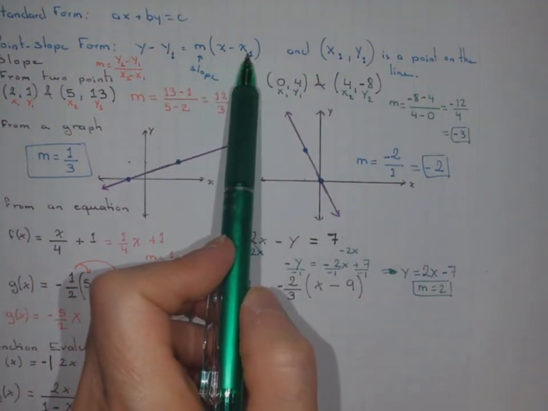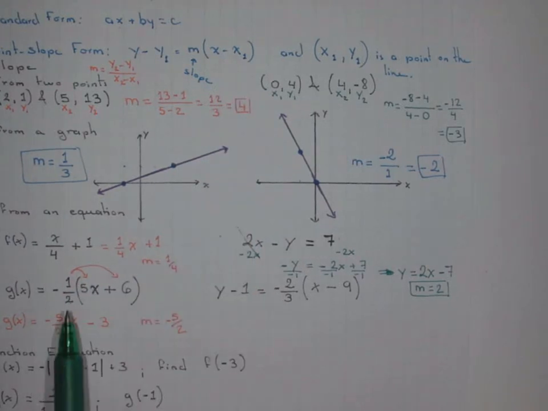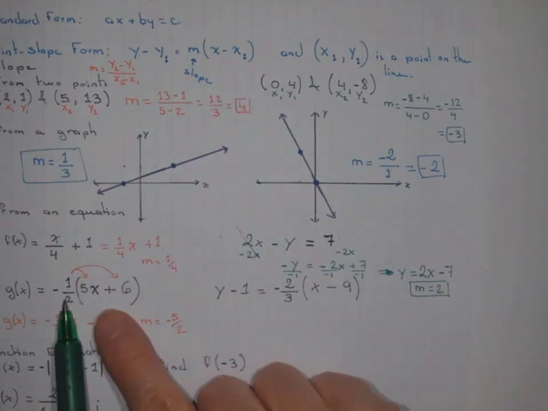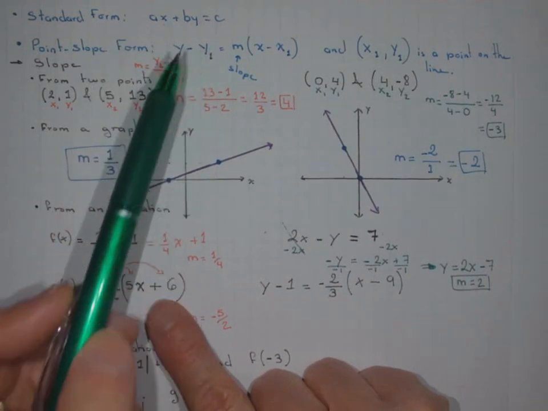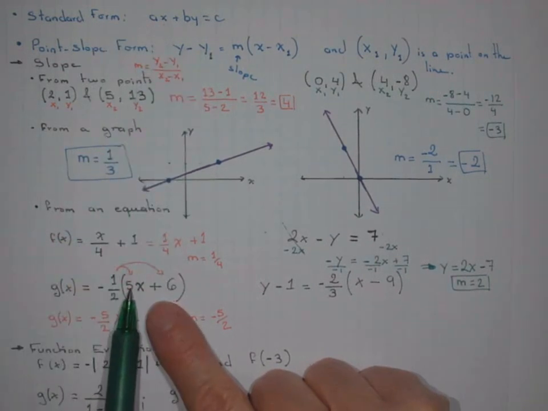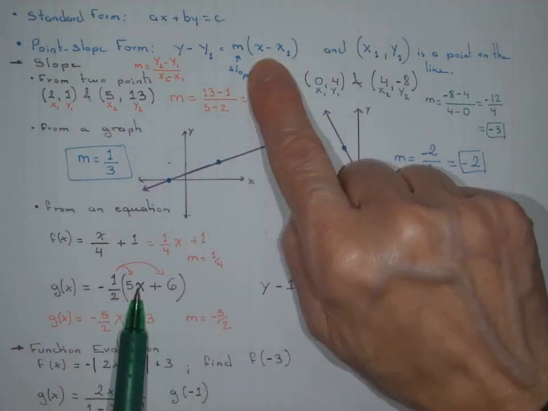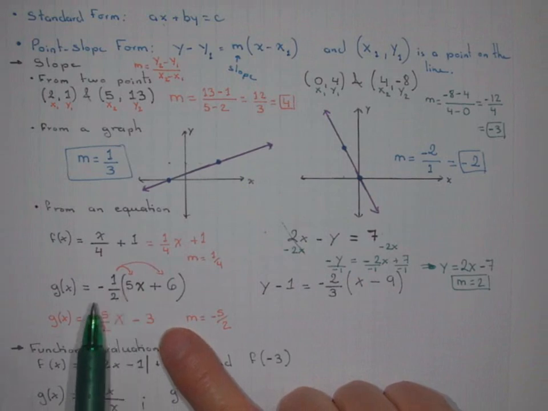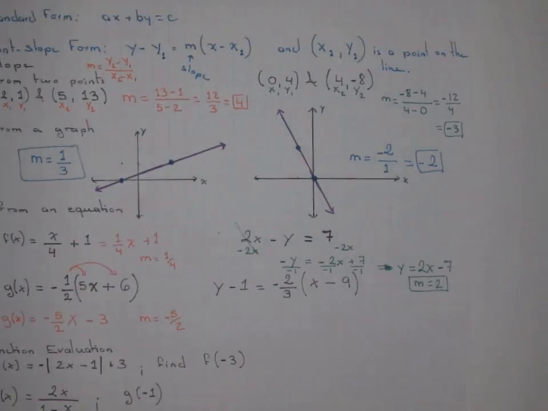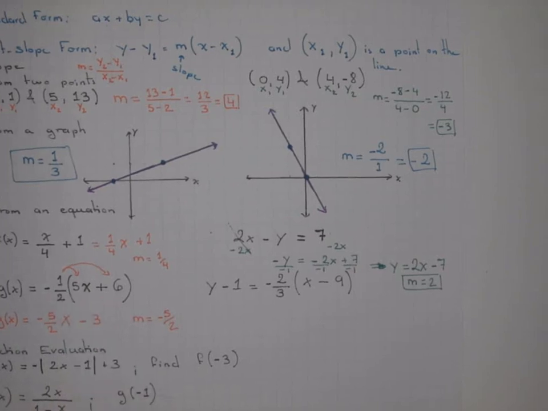So you're going to say, well, why was this not earlier in point slope form? Because this y could just have been a 0 maybe. Well, it's because we had a coefficient in front of the x, right? X was not just by itself, like here. There was a coefficient, so that was not the point slope form. So we had to do a little bit of work here. We had to distribute this fraction in the front.